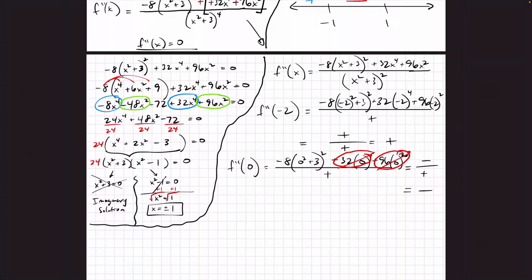The next one we would do is +2, right? And that's similar to -2 because it's going to be x to the 4th, squared, right? So aren't we going to get the same exact answer as we did when we plugged in -2? So it's going to be positive over positive, which equals positive.